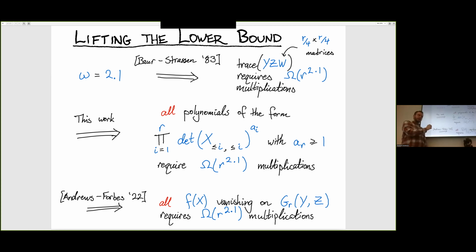We're using that as a black box. You don't need to understand how it's proved in order to use the results, and you use it in a fairly simple way. So what I'm going to focus on in this technical part is this new contribution, which is how you capture this trace of matrix product as a product of determinants.